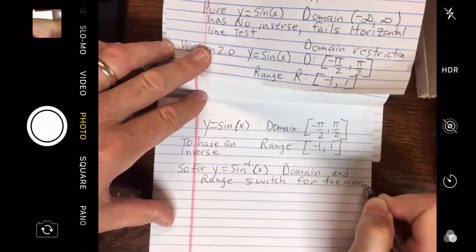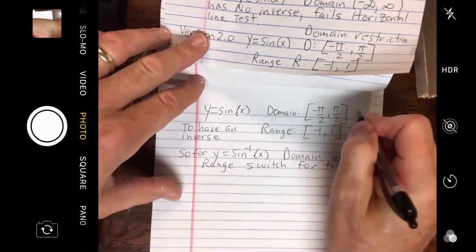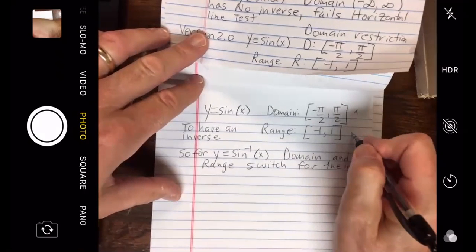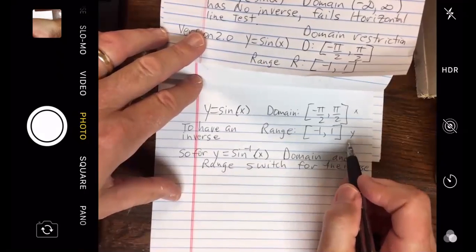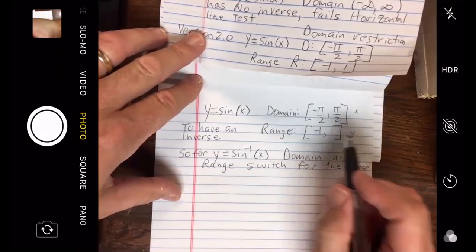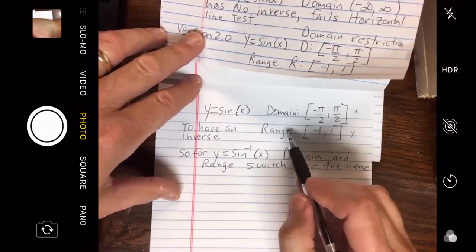Basic college algebra. That's because you've switched x and y. Remember, this is your x's, this is your y's. To have an inverse, you switch x and y. And that means the domain of your original is the range of your inverse, and the range of the original is the domain of the inverse.